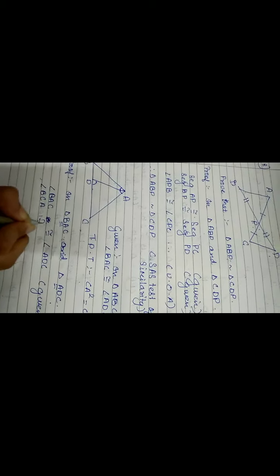Now angle C is congruent to angle C, that is angle BCA is congruent to angle DCA. Reason: common angle, and the common angle over here is angle C. Therefore triangle BAC is similar to triangle ADC by AA test of similarity.